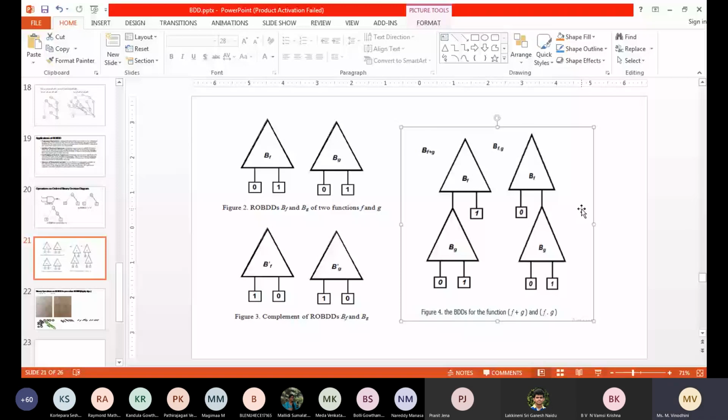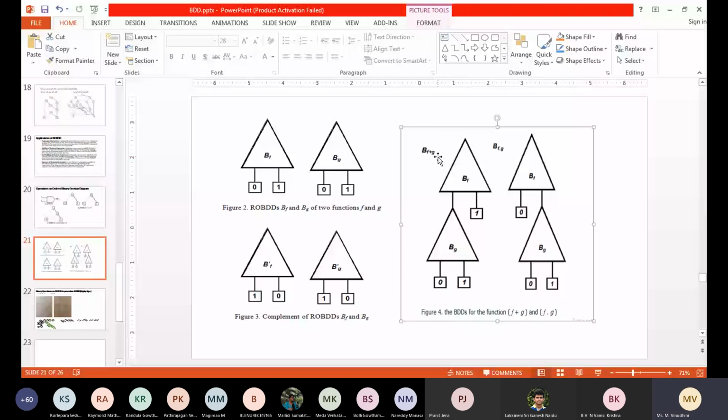I can ask you to find F dot G. Finding F dot G means your final answer should be in ROBDD form, so it should be BF dot G. Or BF plus G. I'm asking you to draw the final binary decision diagram for F plus G or F dot G. I will explain that now.